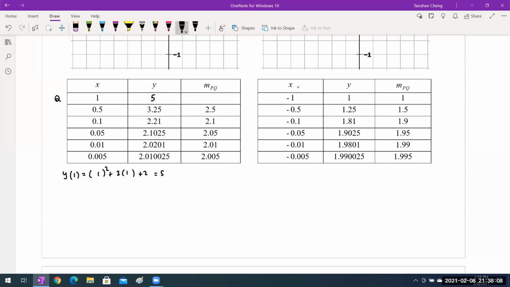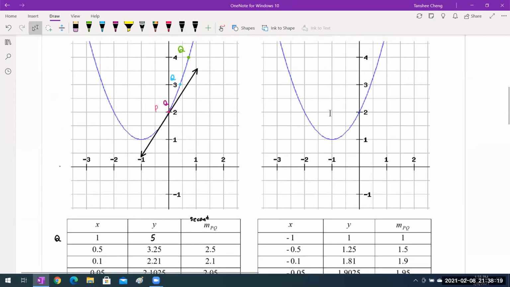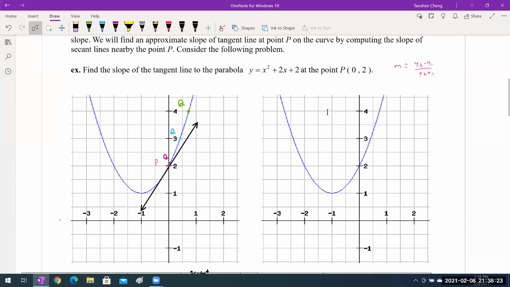Then I'm going to find the slope of the secant line PQ. My Q is (1, 5), a point way up here. So I'm looking at the slope of this PQ, drawing a line like this.